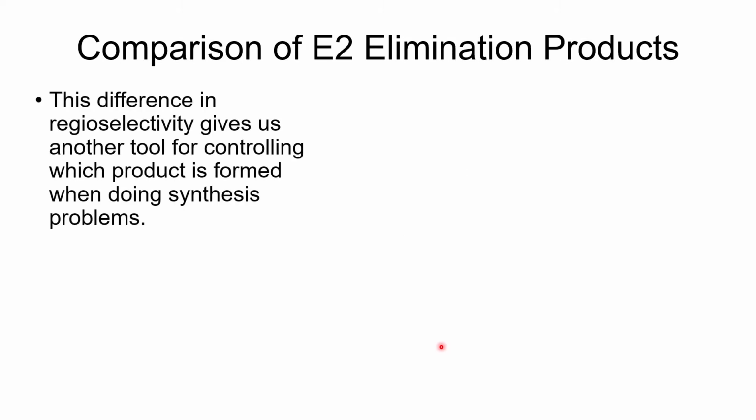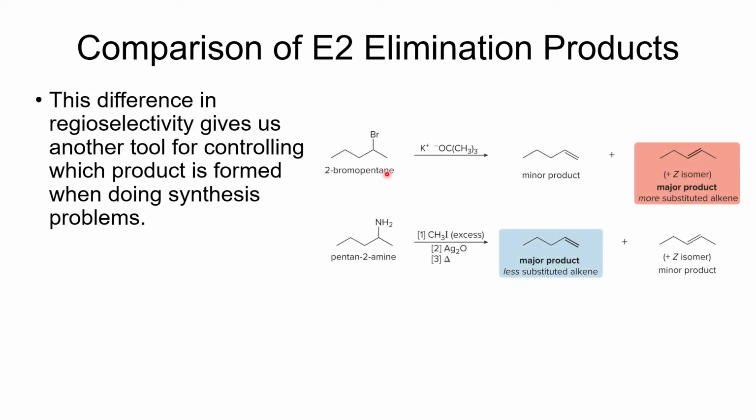So let's look at a couple more examples of this difference in regioselectivity. We'll start with this 2-bromopentane. If we do elimination with 2-bromopentane and use one of our regular sterically hindered strong bases like potassium tert-butoxide, our minor product is going to be the less substituted, and our major product is going to be the more substituted alkene.